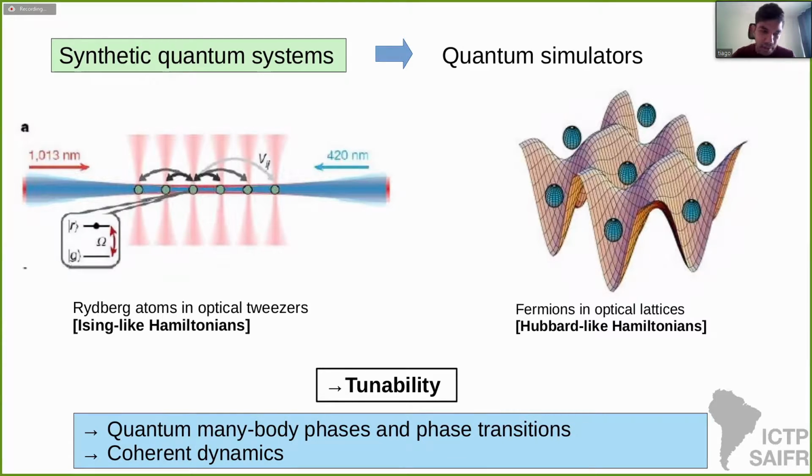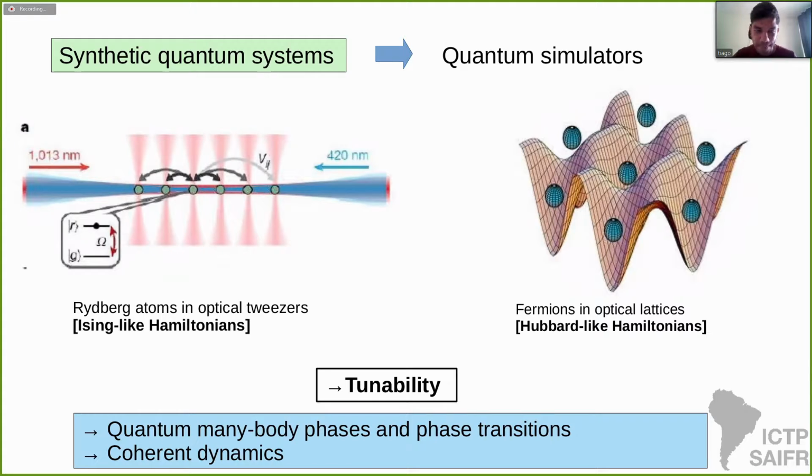Nowadays people try to realize quantum many-body phases and phase transitions in the system. Another interesting direction of these experiments is to prepare an initial state, a non-trivial state, and then let this state evolve in a coherent way. Another aspect that I didn't mention is that these systems are closed systems.